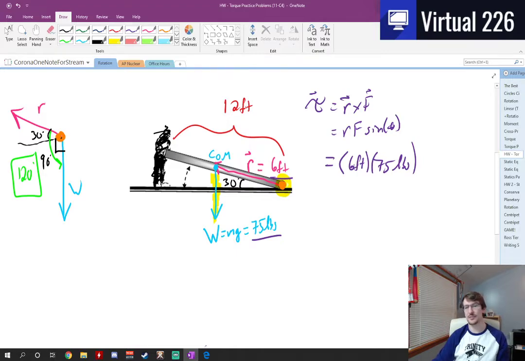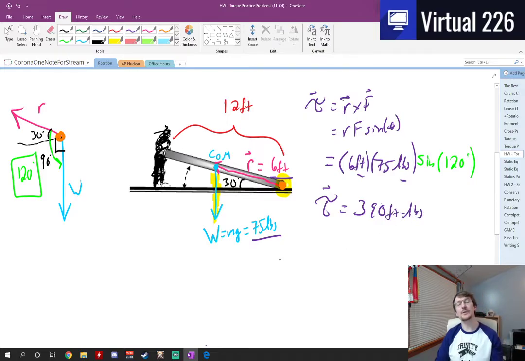So we can say 6 feet, the moment arm, times the weight, the force, 75 pounds, times the sine of 120 degrees. And that will be our torque. So let's throw this in the calculator real quick. 6 times 75 times the sine of 120. We get 389.7. So let's just round that up and say that our torque here is 390 foot-pounds.